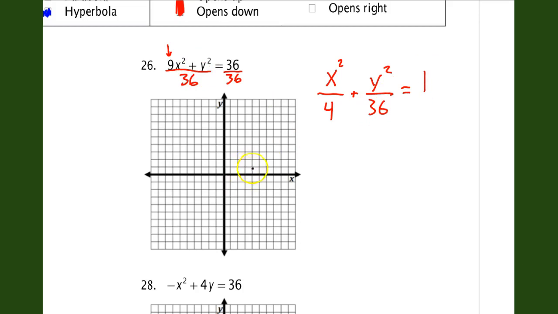It looks very similar to a circle to start off with, but because of this one number, we need to make it into the ellipse format equal to 1.